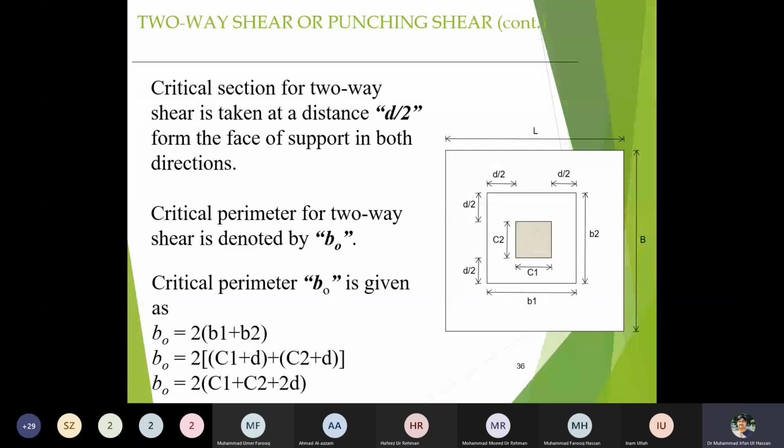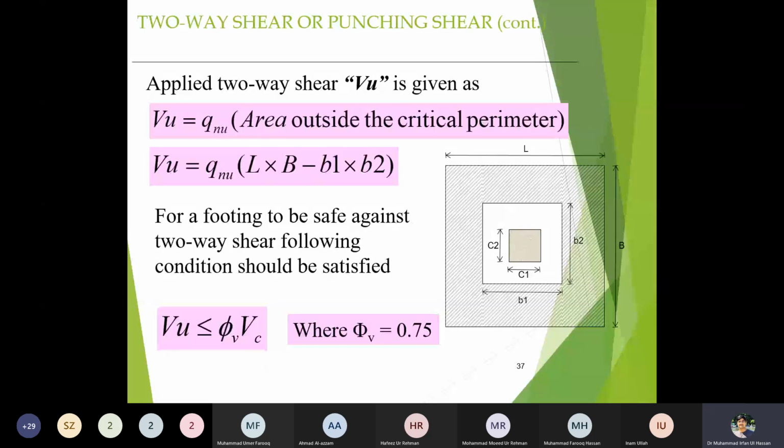You compute the punching shear perimeter, that is 2 times C1 plus D plus C2 plus D. And the punching force is the critical punching shear force, that is the pressure acting at the base of the soil multiplied by the area outside the critical punching perimeter.